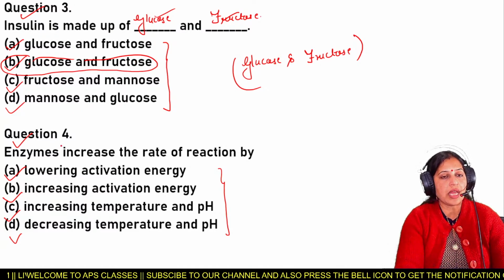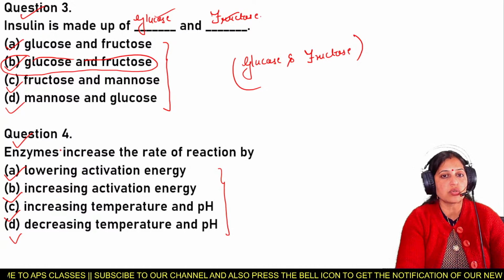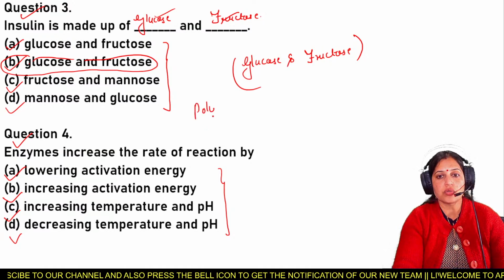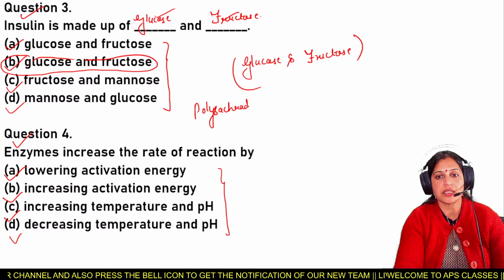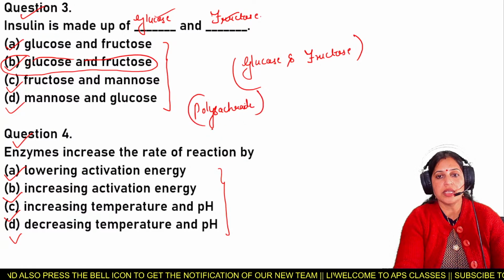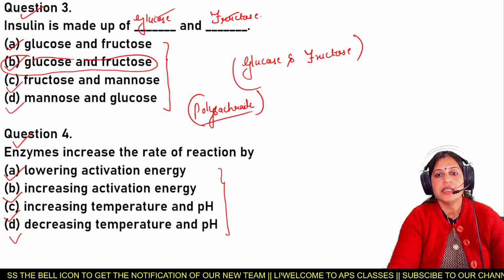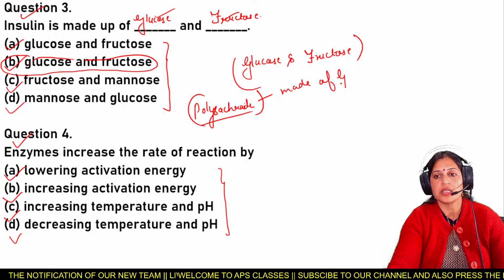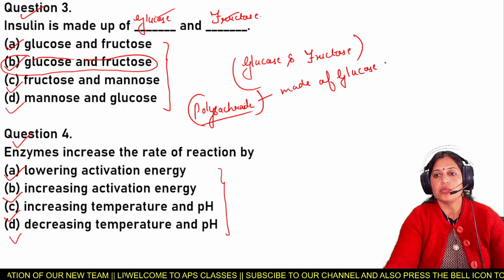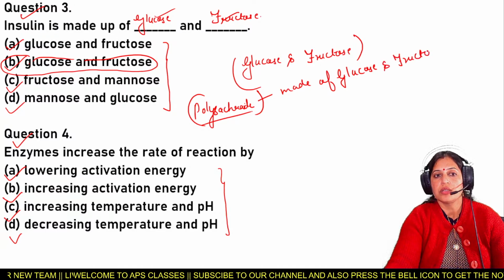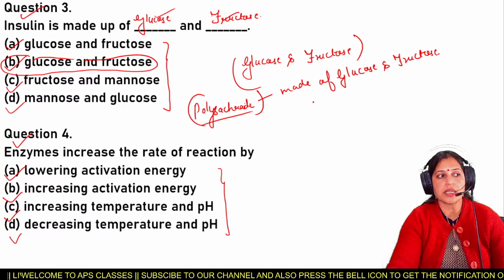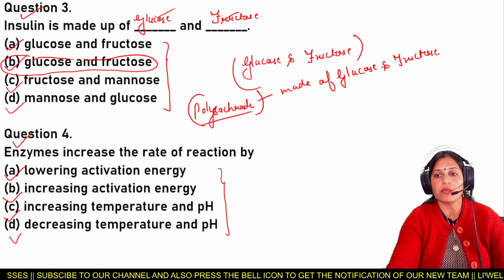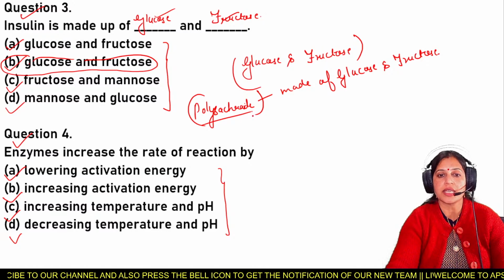So glucose and fructose are those by which inulin is made, because inulin is a polysaccharide. Inulin is a polysaccharide and it is made up of glucose and fructose.